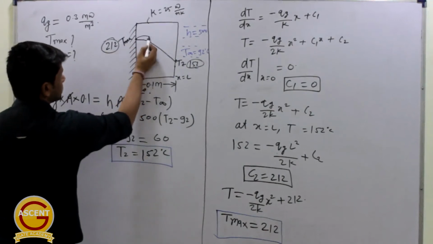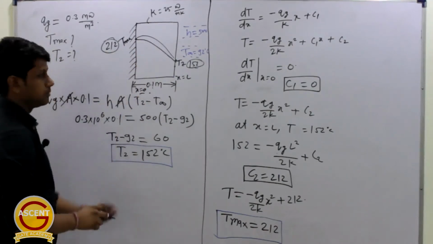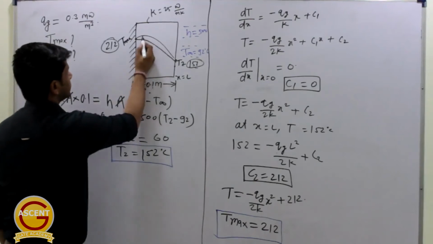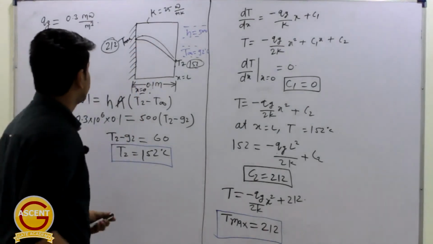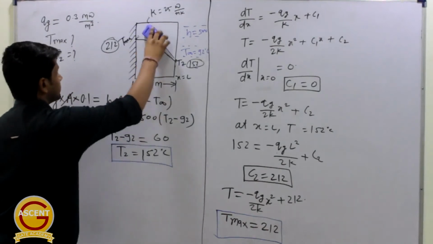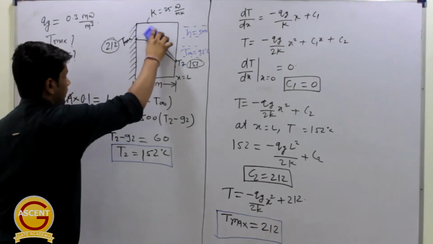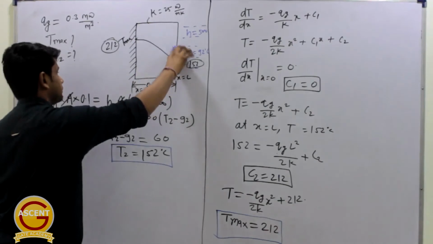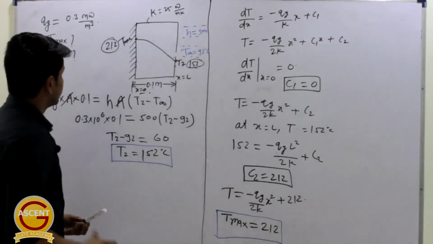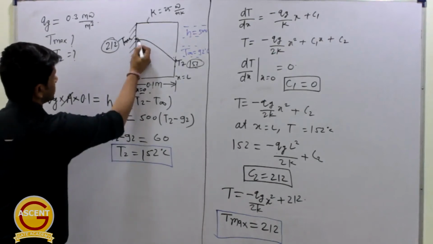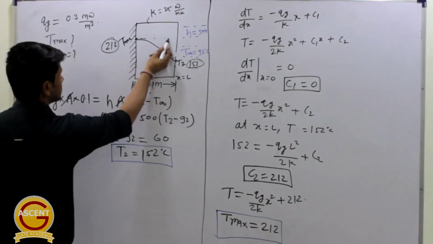So you cannot draw this like this, because then you are saying that at this location the temperature is greater than this. But that is not possible, because it is the maximum temperature here at x equal to 0. So you have to draw this parabolic, but be careful, no temperature should be greater than this temperature. This is the maximum temperature in this plane slab.